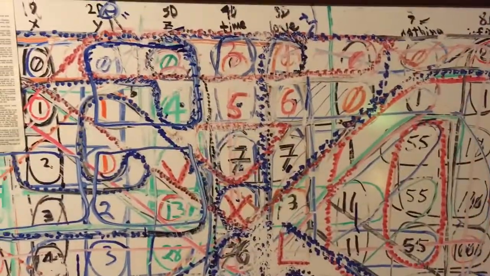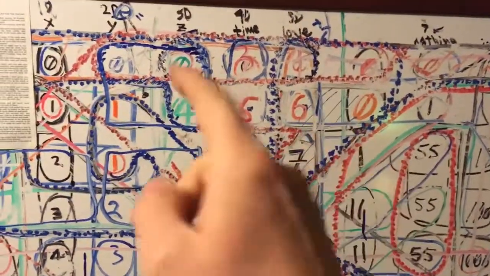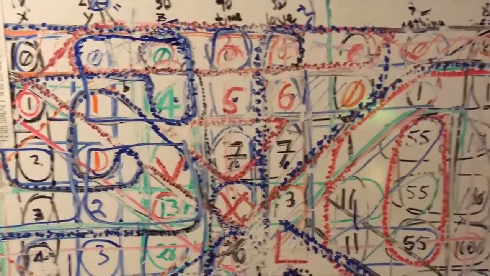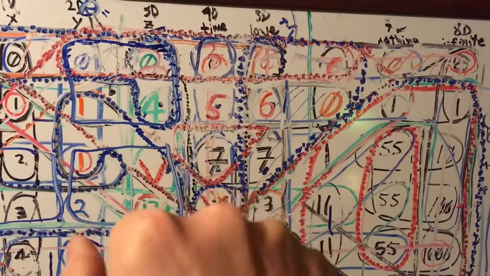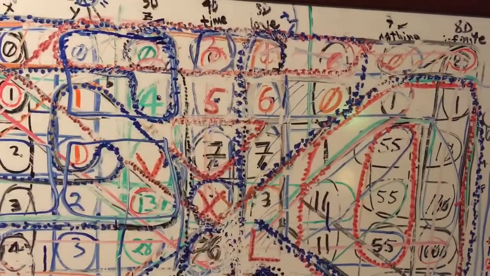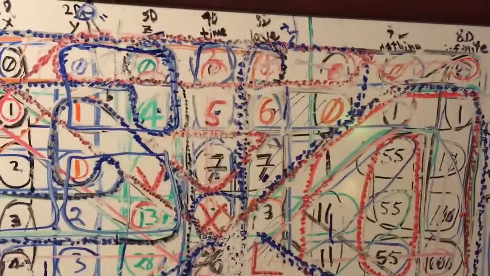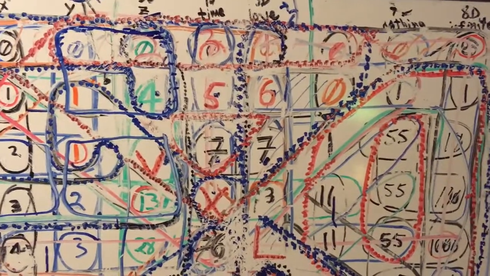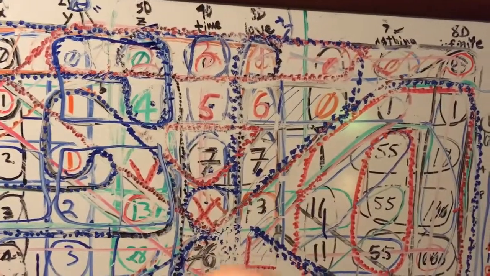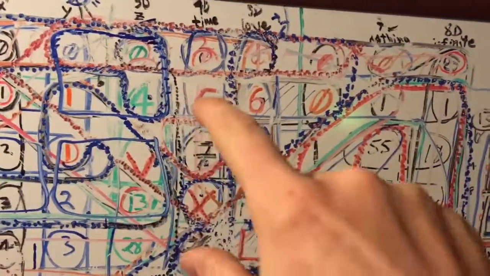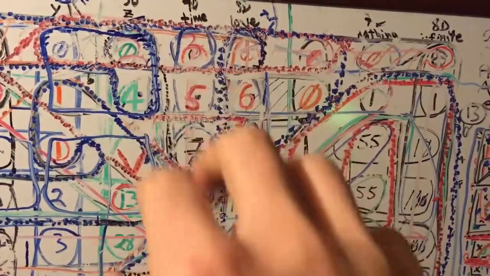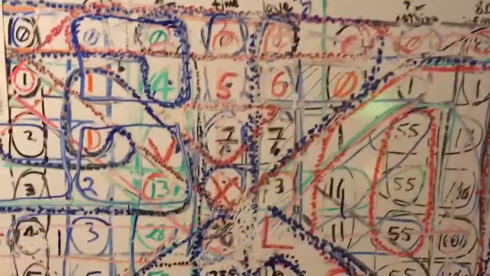I don't remember. 7, 6, 5, 4, 3. 11, and then 10. It's like 1 and 3 for 13, or 1 and 5 for 15, 1 and 4 for 14, 1 and 3 for 13. Oh, pool, whatever.